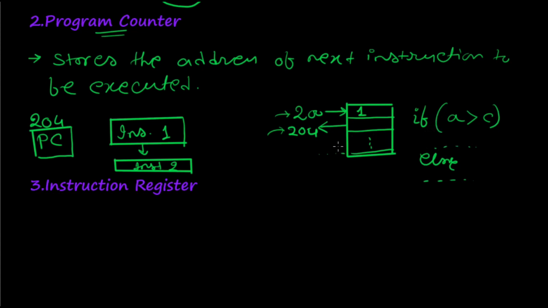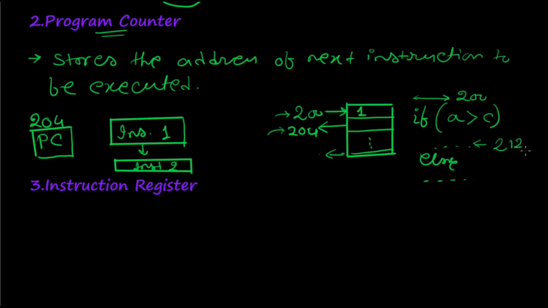Suppose the instruction previous to the if condition was 200. After giving this if condition, if it is found to be true, let's say the instruction that needs to be executed is located at 212.